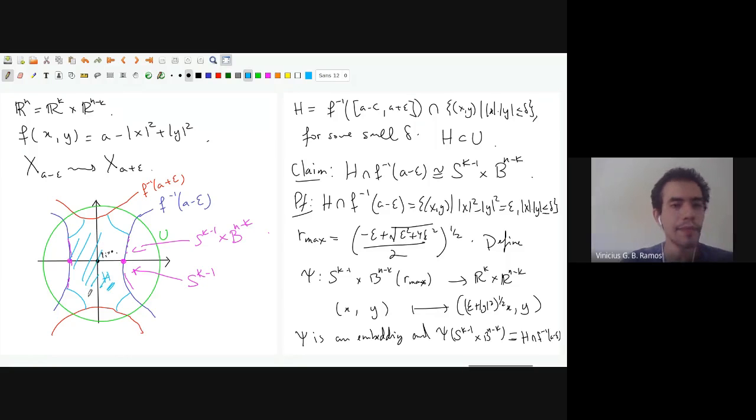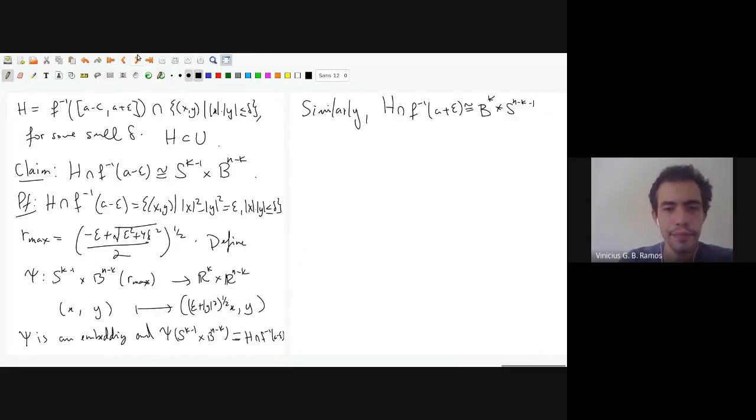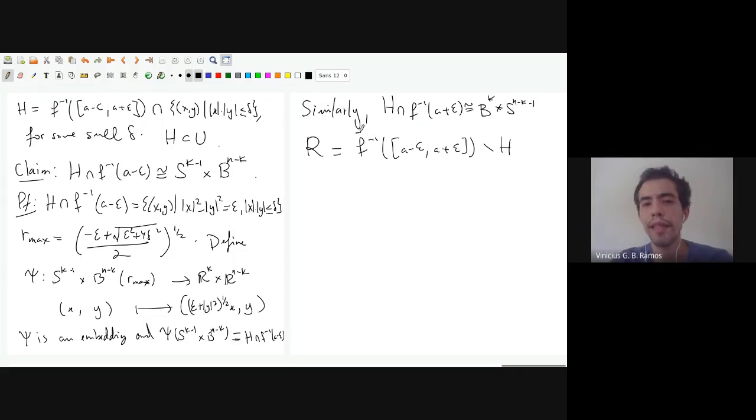And then I'm gonna add something else, which I'm gonna call the R. So this is R. Okay, so my R is going to be, if you want, I take the pre-image of A minus epsilon, A plus epsilon, and then I subtract H. And let me just take the closure. I want the closed guy. So the point is that by construction, x of A plus epsilon is equal to x of A minus epsilon union H union R.